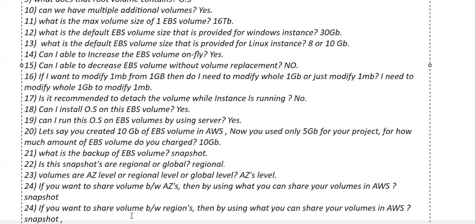Then you need to create a copy of the snapshot in the other region where you want the volume. From that copy of the snapshot, you can create your volume again in that region, in the particular availability zone wherever you want. There you can connect with your server and operate with your server.